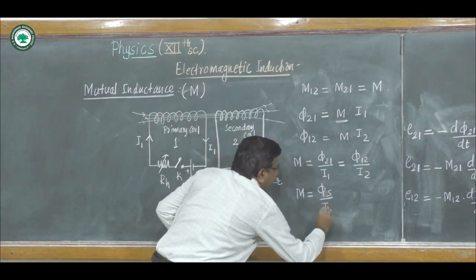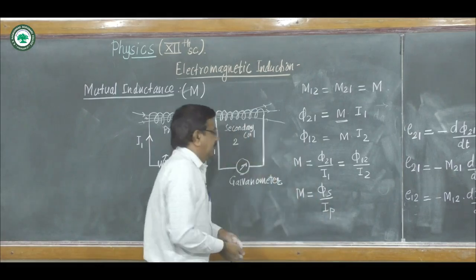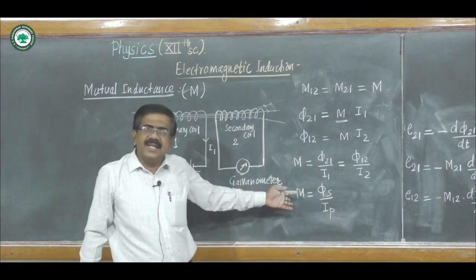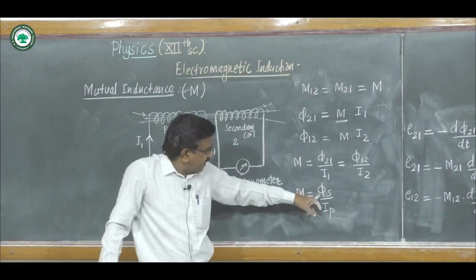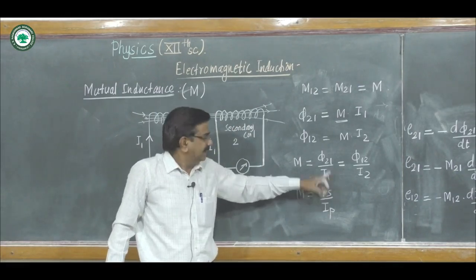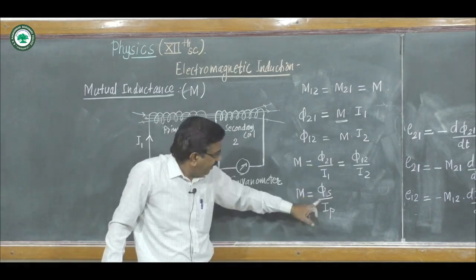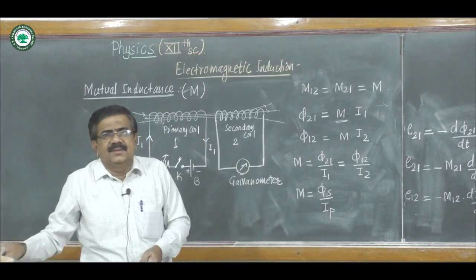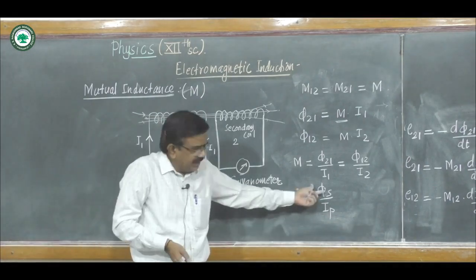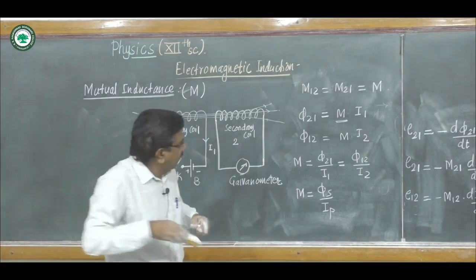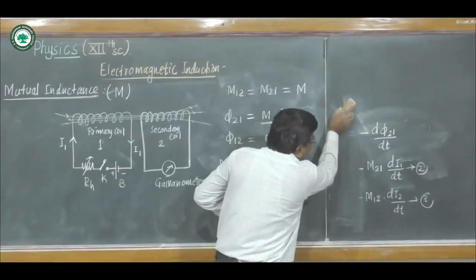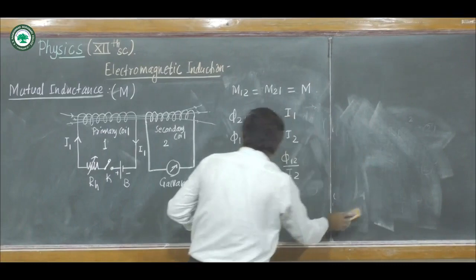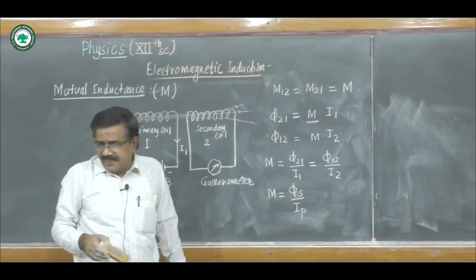Very simple. Mutual inductance is flux in the secondary divided by current in the primary. Our general equation is M is phi s upon IP.